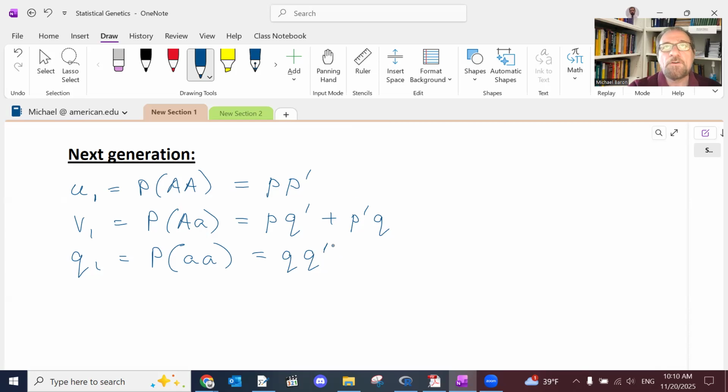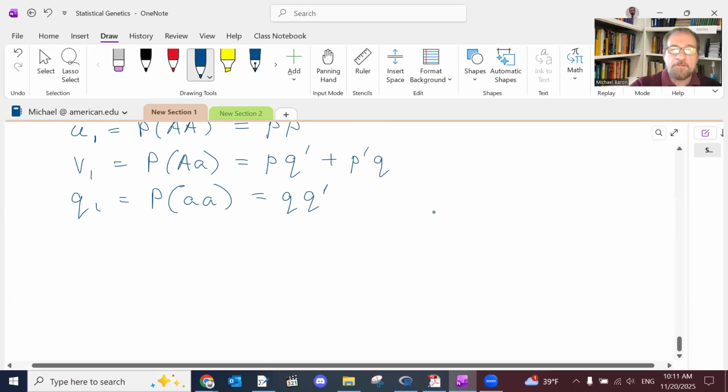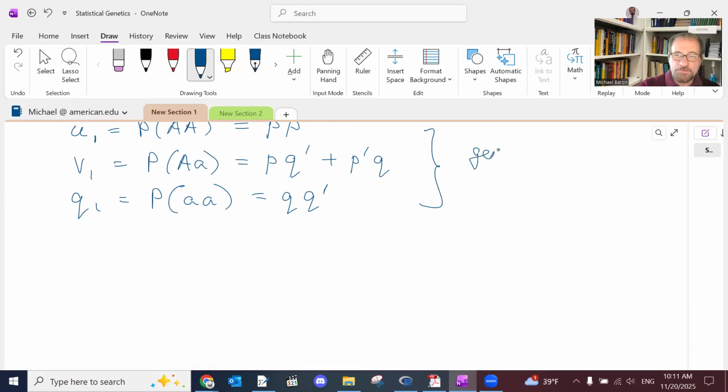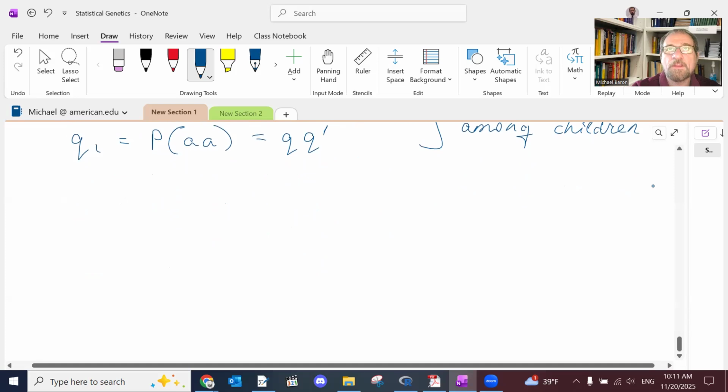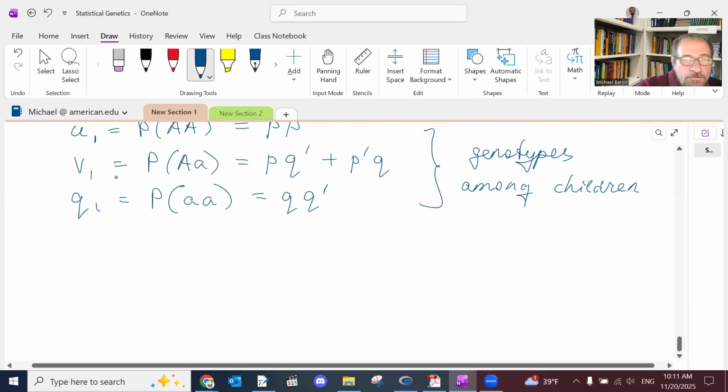Okay, going to the proportion. So that's the proportion of genotypes, distribution of genotypes among children, next generation. Sorry, that's not U1, that's W1, right?